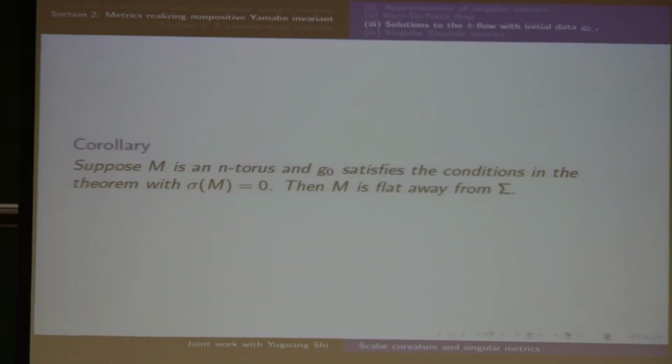So a first result from this argument is that suppose the manifold is an n-torus, and it satisfies a certain kind of condition as mentioned above, with sigma m equal to 0. Suppose we have applied the previous result for sigma m equal to 0.